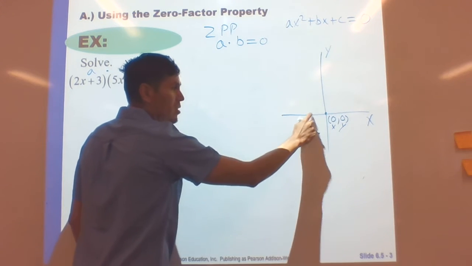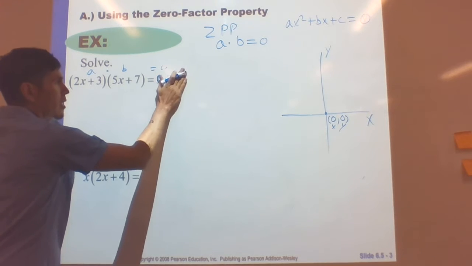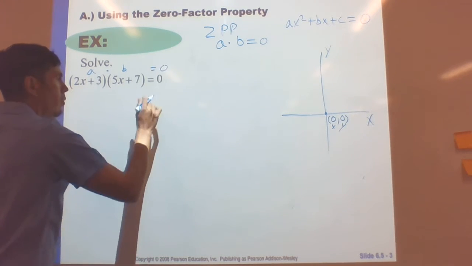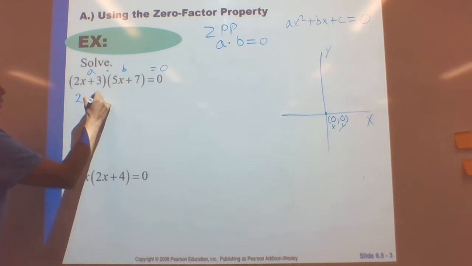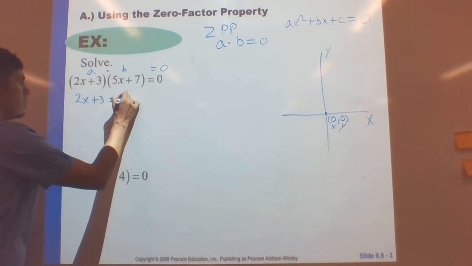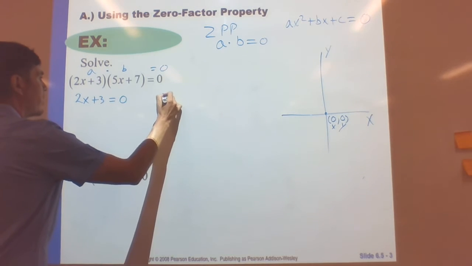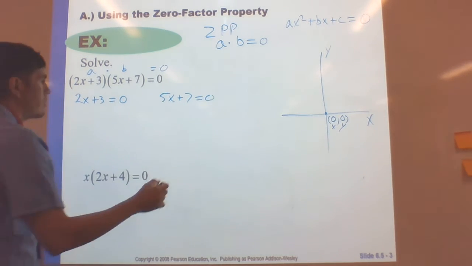Anything that touches this line has a y value of 0. So apply this right here, and we're going to say 2x plus 3 equals 0, and 5x plus 7 equals 0.